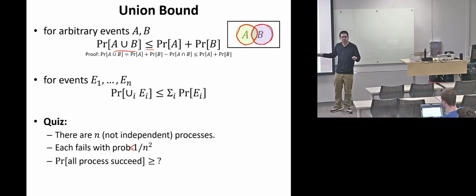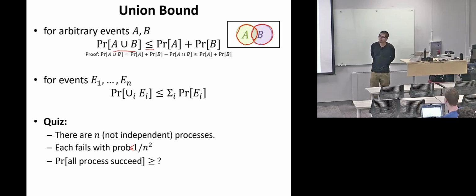Can you give me some lower bound quickly? How would you do this? Using the union bound? Yeah, how?